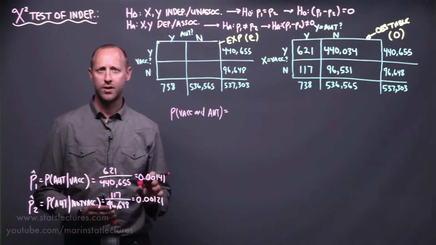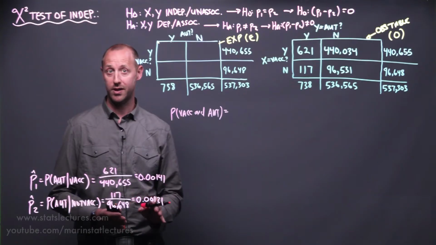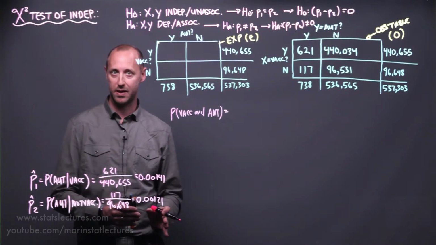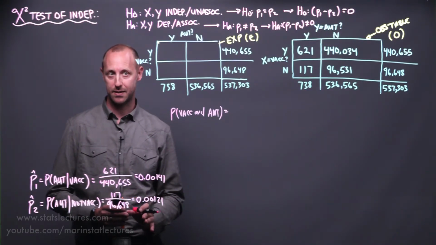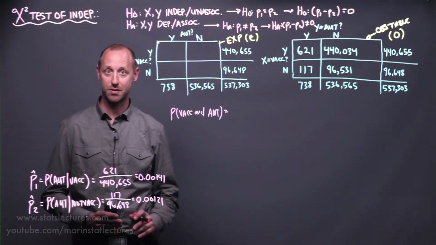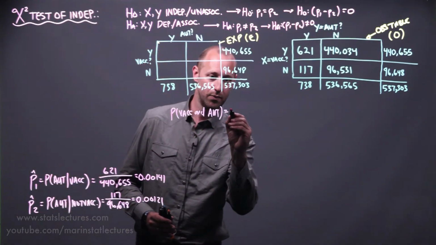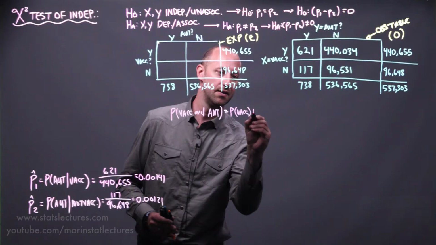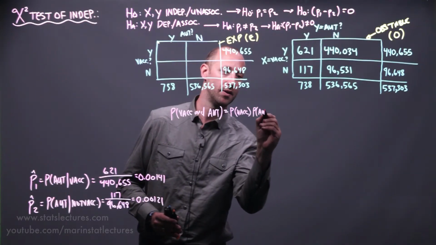Now, you may recall a rule of probability. The probability of A and B both occurring is the probability of A times the probability of B if A and B are independent. And here in our null hypothesis, we're assuming vaccination and autism are independent. So we can express this as the probability of being vaccinated times the probability of developing autism.